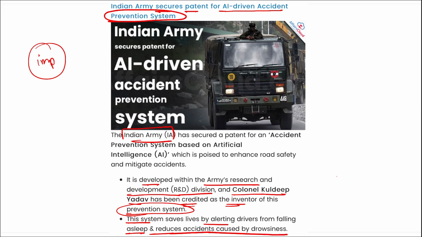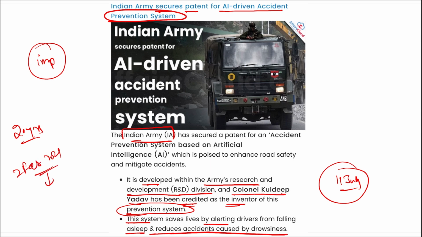Correct. The patent was officially granted on 11th of July, and the patent will be valid for a duration of 20 years from 2nd Feb 2021, the date of filing. Apart from this, before securing the patent, the AI based accident prevention device was subjected to rigorous testing in the buses of two state transportation corporations, that is of Andhra Pradesh and Telangana.